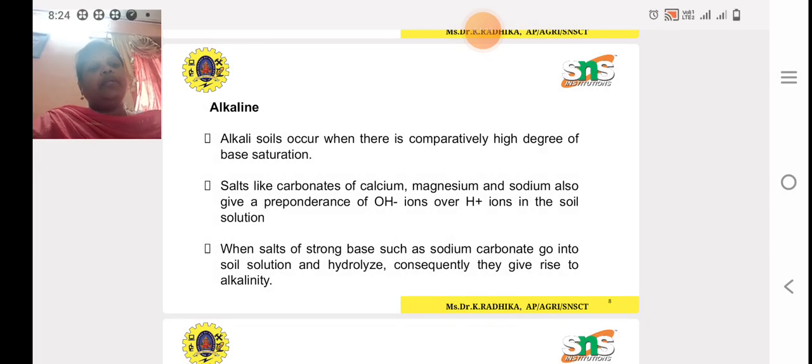Sodium is the dominant factor, so the sodium carbonate percentage is the main factor for soil alkalinity.